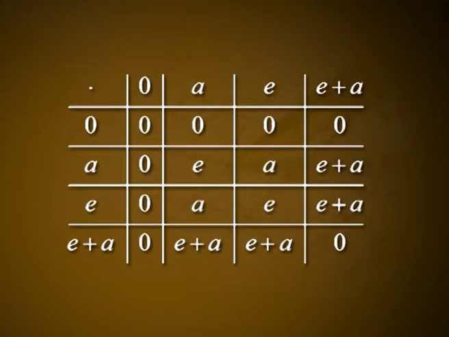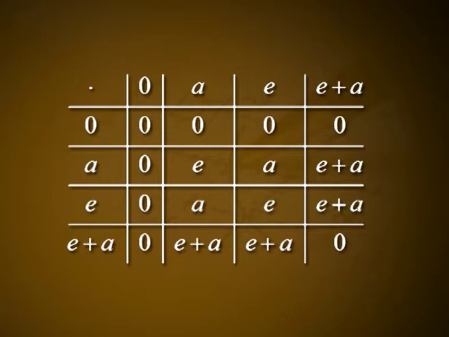Consider multiplication. First row: 0·0 = 0, 0·a = 0, 0·e = 0, 0·(e + a) = 0. Second row: a·0 = 0, a·a = e, a·e = a, a·(e + a) = e + a. Third row: e·0 = 0, e·a = a, e·e = e, e·(e + a) = e + a.